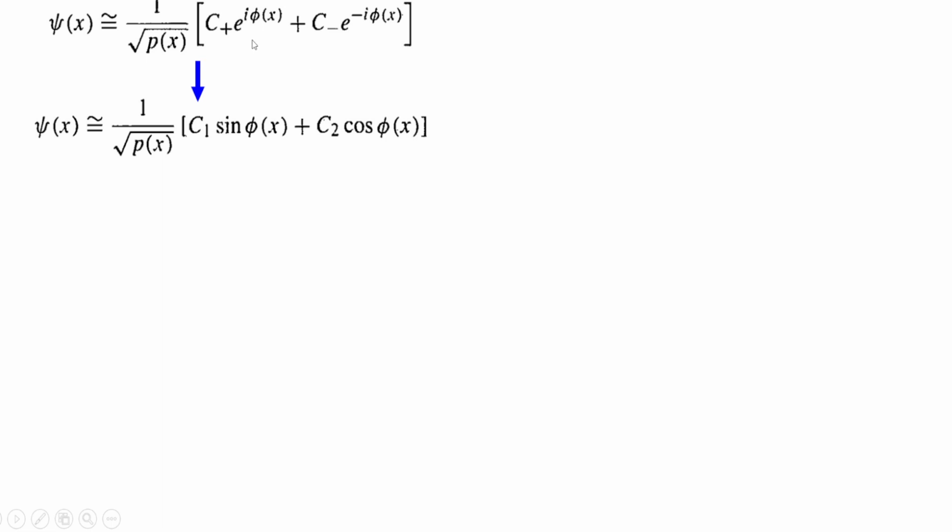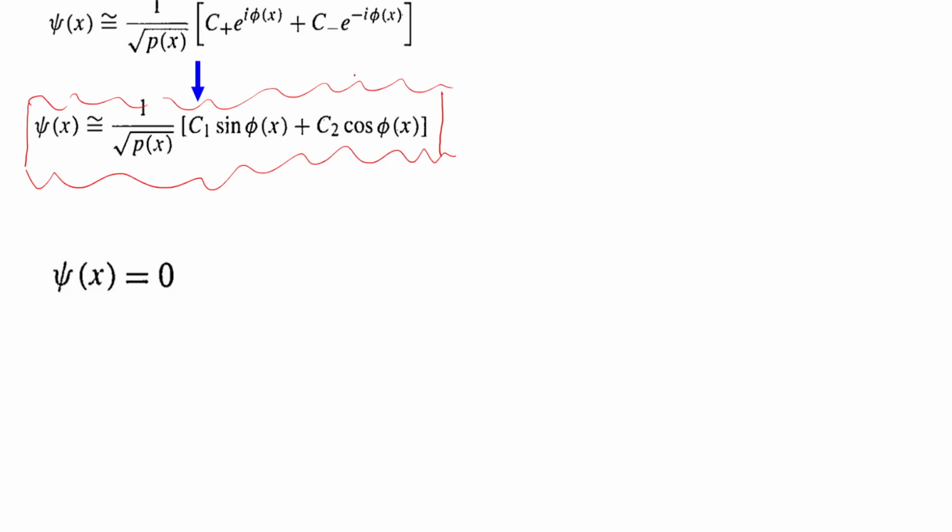After arranging these solutions with C1 and C2, the exponential terms, we can write this type of solution: C1 sin phi of x plus C2 cos phi of x. So this is our first boundary condition. Use this equation.